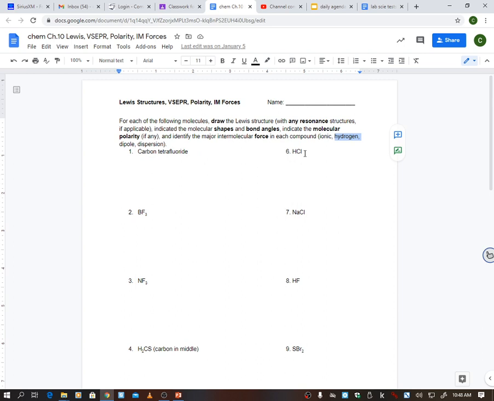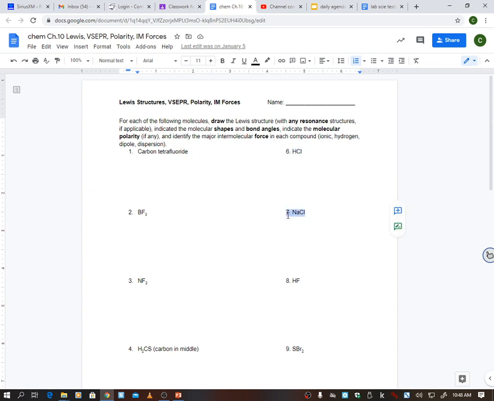Now also remember, when you get the ones that are just two elements, like hydrogen and chlorine, just those two by themselves, it's not HCl2 or anything like that, you can just subtract to figure all that out. Now you still need to draw it out for me. You still need to do the dots and the lines, show me it's linear, but you can also just subtract numbers to figure out what it is.